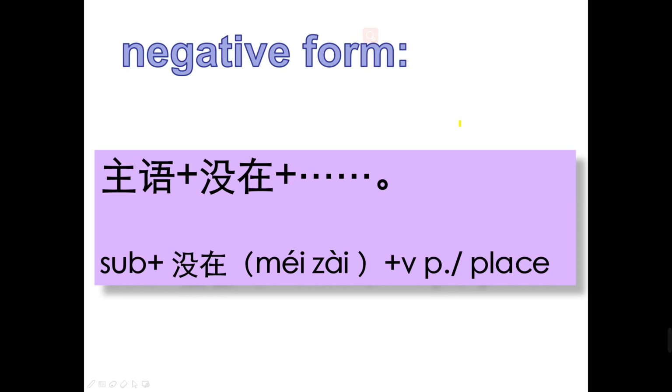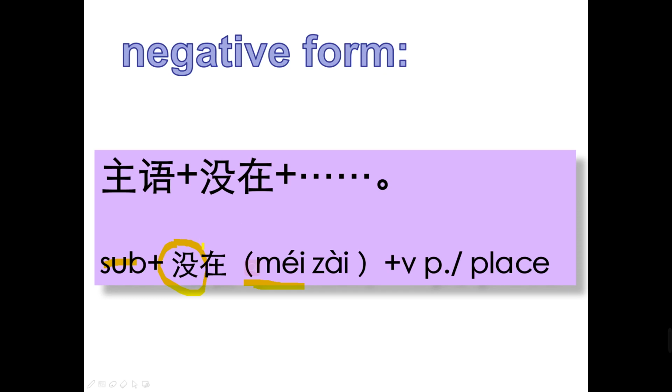Just now we have learned the way of asking and answering. But how to say the negative form? It is like this. We often use the subject plus the word 没 plus 在 plus a verb or verb phrase or place.